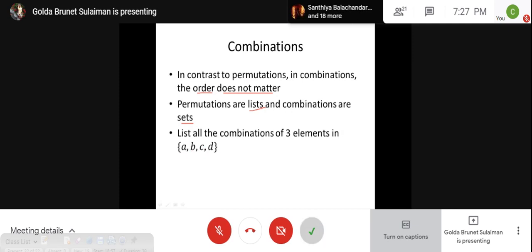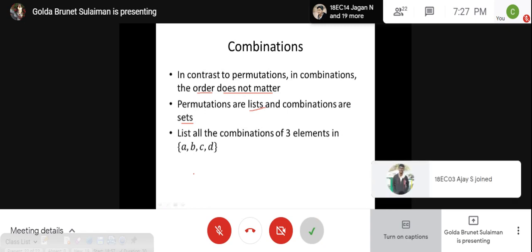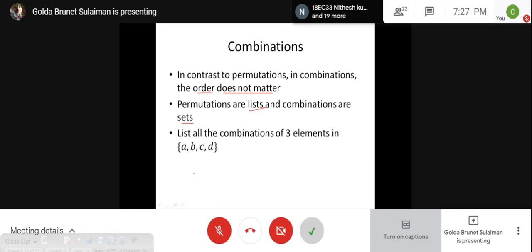ABC is same as CBA. So in that case, can you list out the different combinations of 3 elements? I'll give 1 minute time. We have already seen the answer.